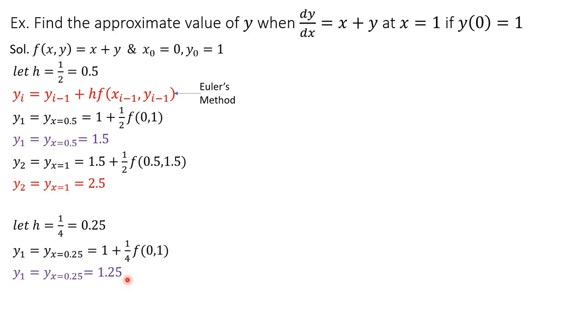Okay, now y2, that means y evaluated at 0.5, will be y1, which is 1.25, plus h into f evaluated at x1 y1, that is 0.25 plus 1.25. Now x1 will be 0.25, you get here, comma 1.25.